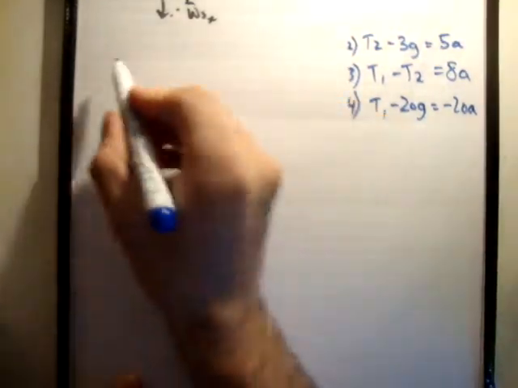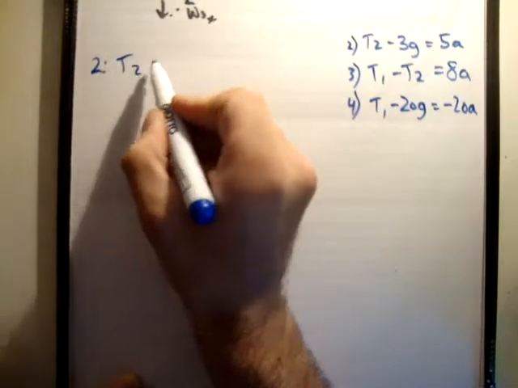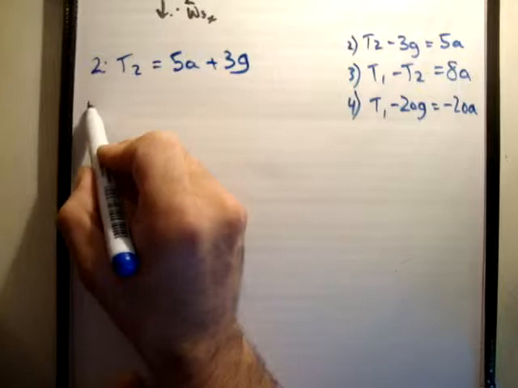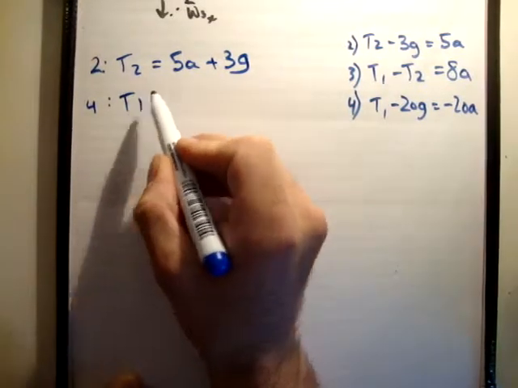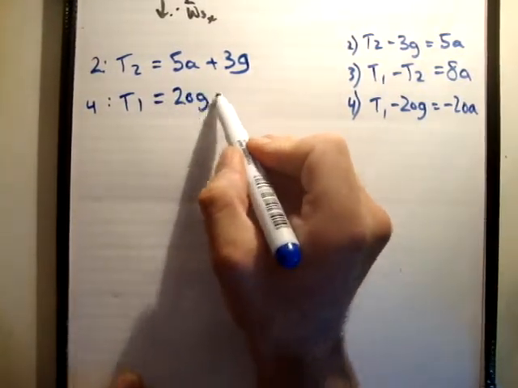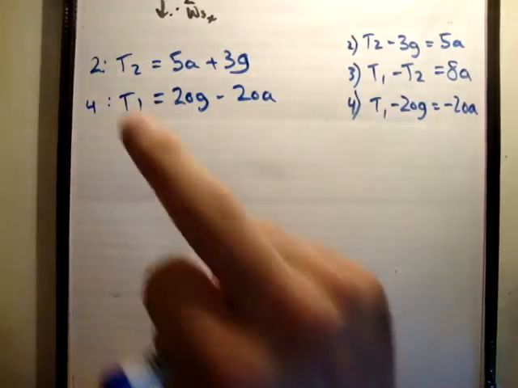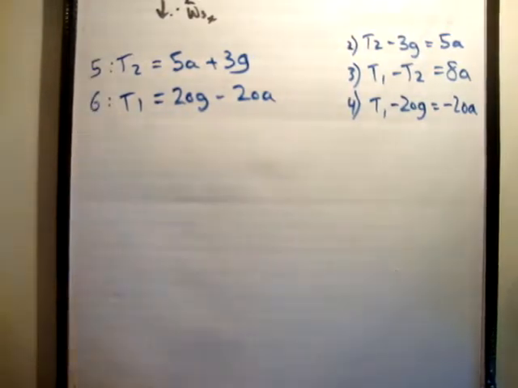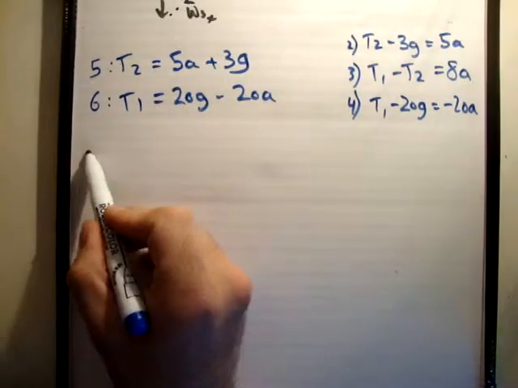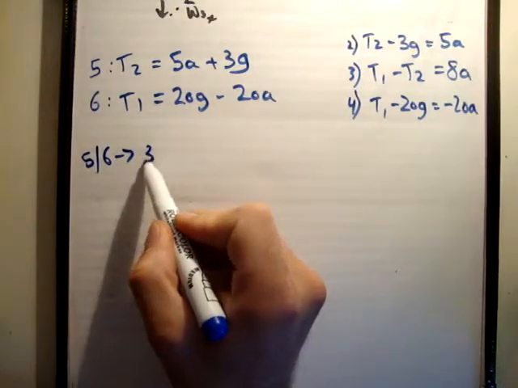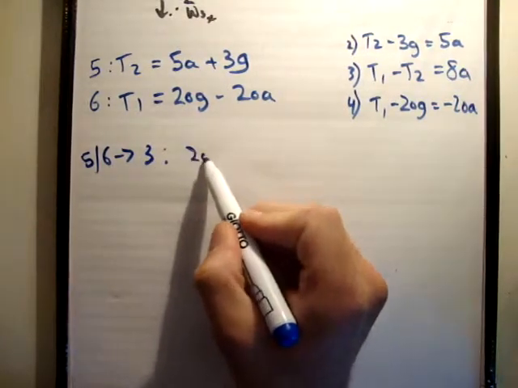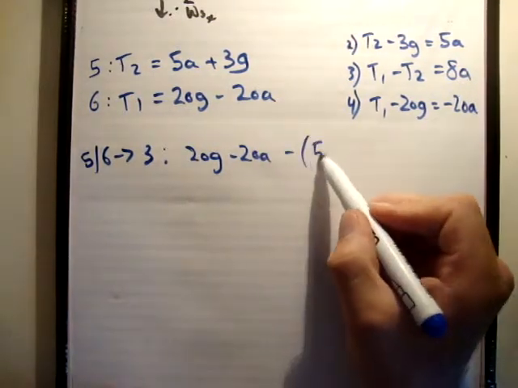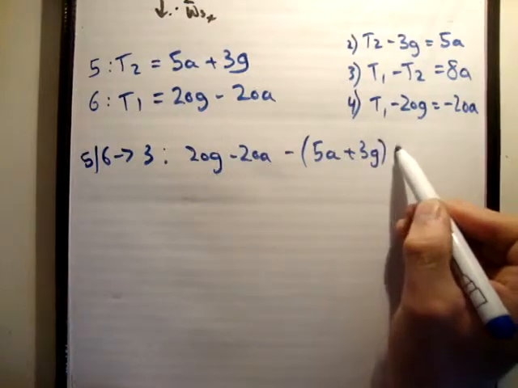From equation 2 we get that t2 is equal to 5a plus 3g, and from equation 4 we find that t1 is equal to 20g minus 20a. I'm going to relabel those equations as number 5 and number 6. If I plug 5 and 6 into equation 3, we get 20g minus 20a minus (5a plus 3g) is equal to 8a.